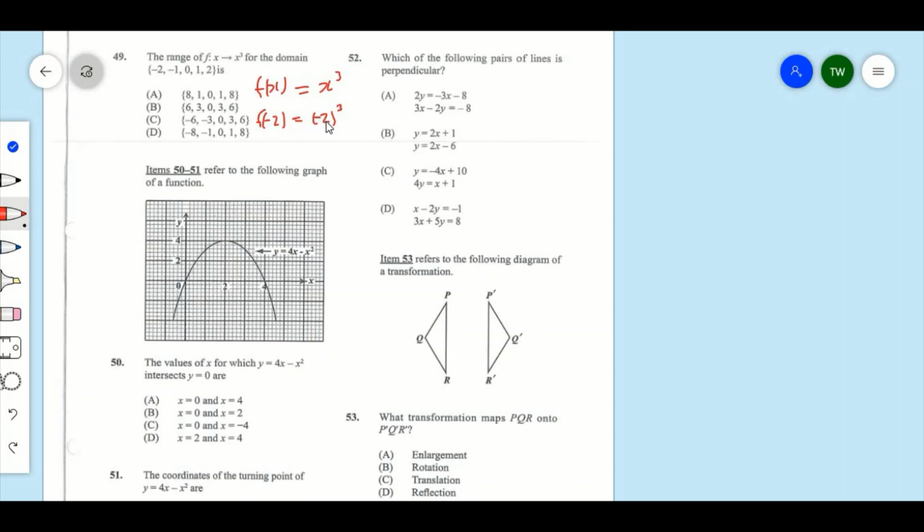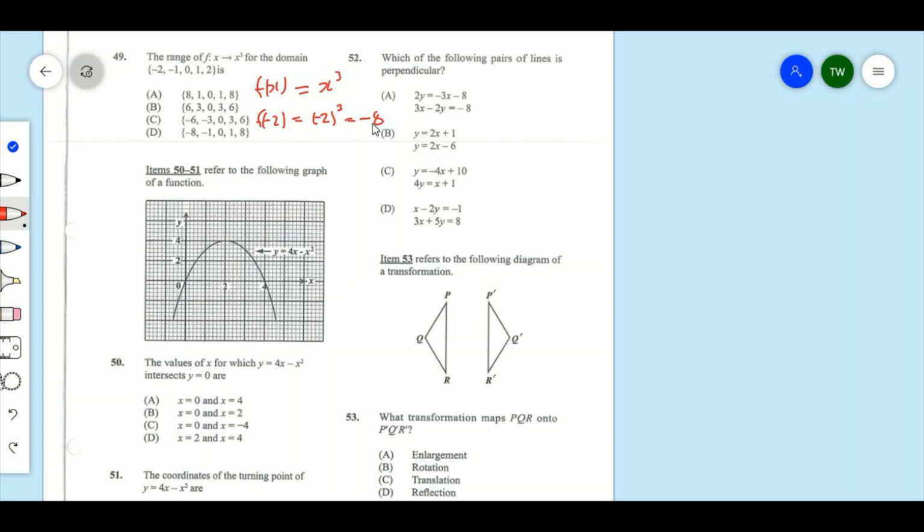And (-2) all cubed, that is just 2 times 2 times 2, but it's -2, so you have to remember that. So -2 times -2 is going to give us +4. And +4 times -2 is going to give us -8. So when x is -2, the corresponding y value is going to be -8.